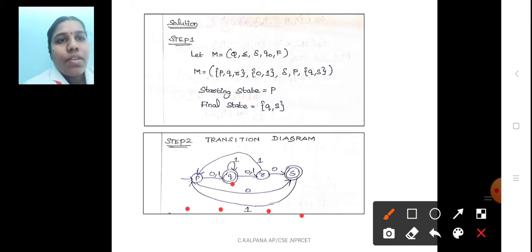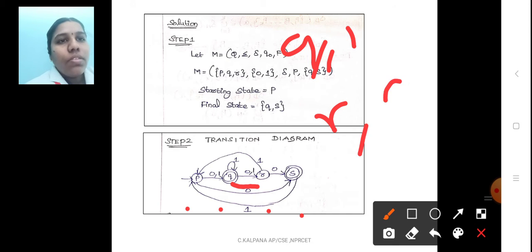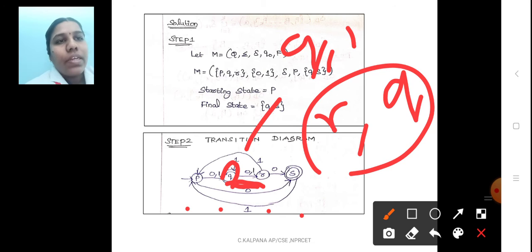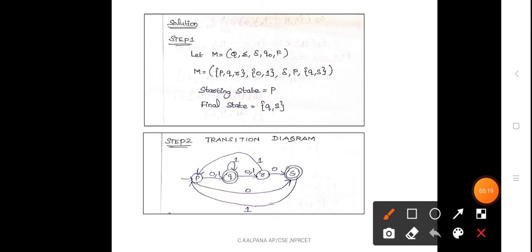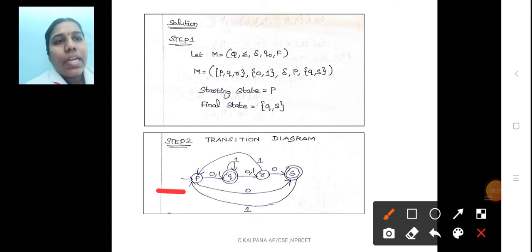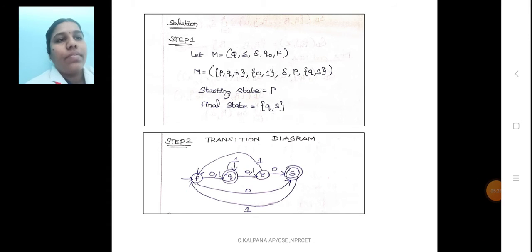Then Q, 0 is R. Then Q, 1, we have two states, one is R and another one is Q. That is mentioned here. Same thing, you have to draw the diagram like this. At last you have to mention the start state and final state. Here in this diagram the start state is mentioned by an arrow mark and the final state is mentioned by a double circle.